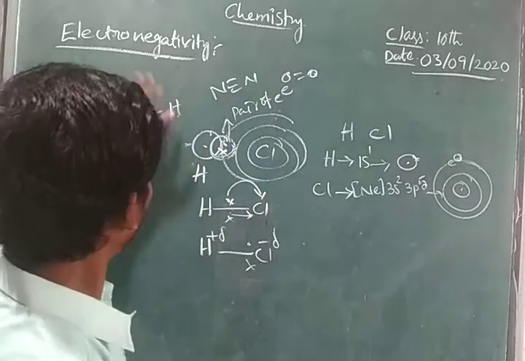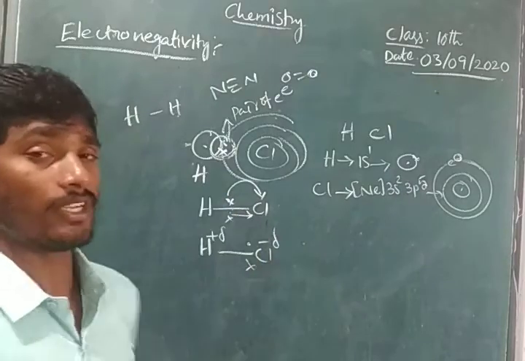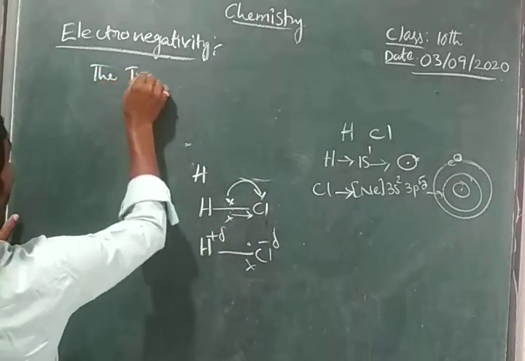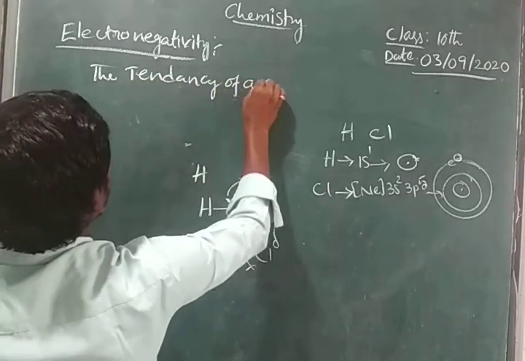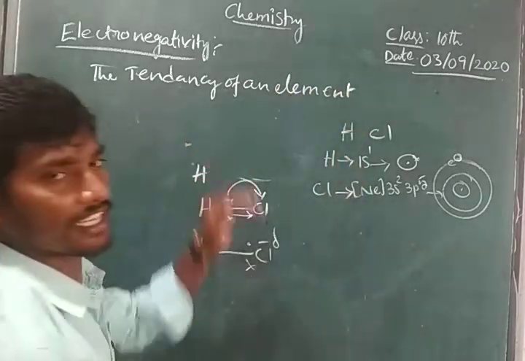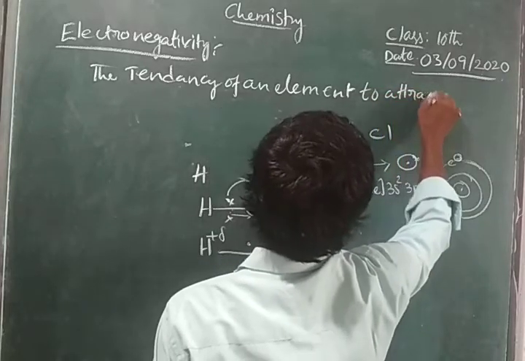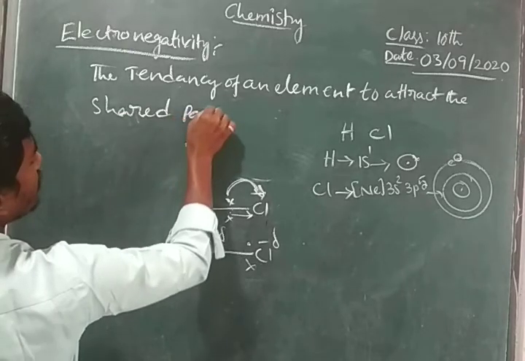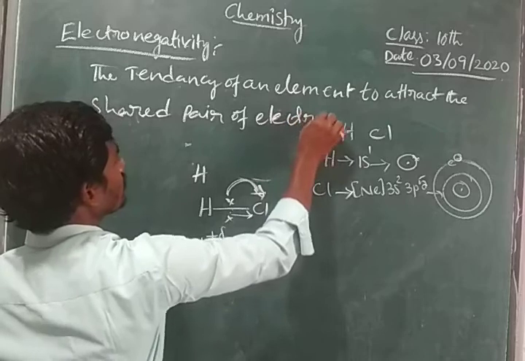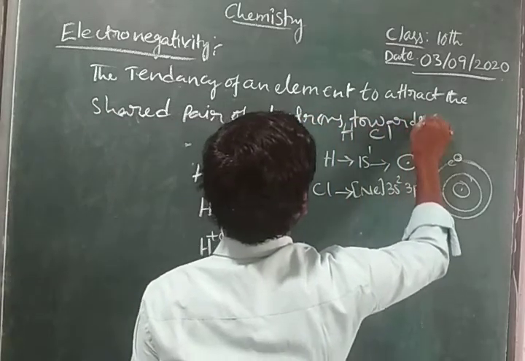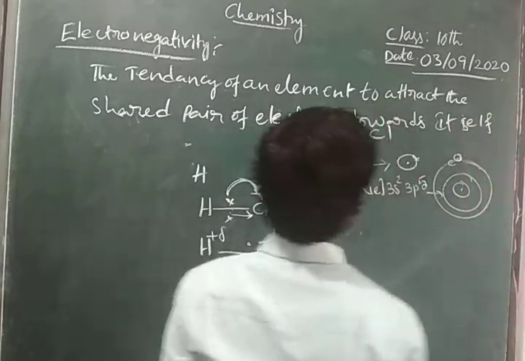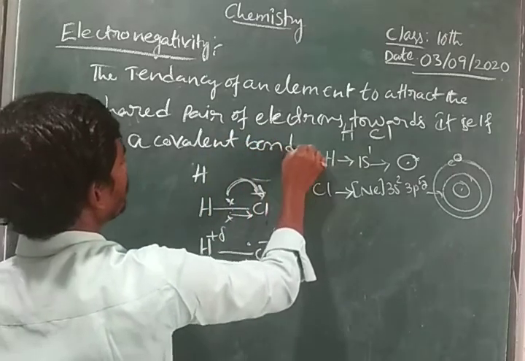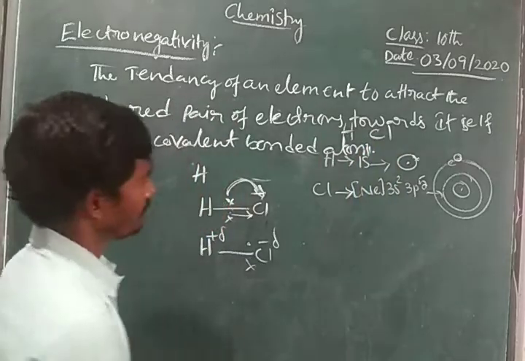The tendency of an element to attract the shared pair of electrons towards itself in a covalent bonded atom is called electronegativity.